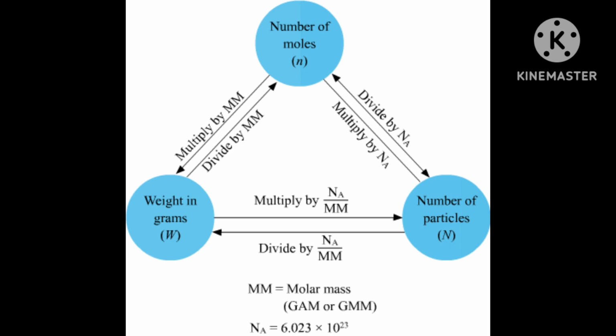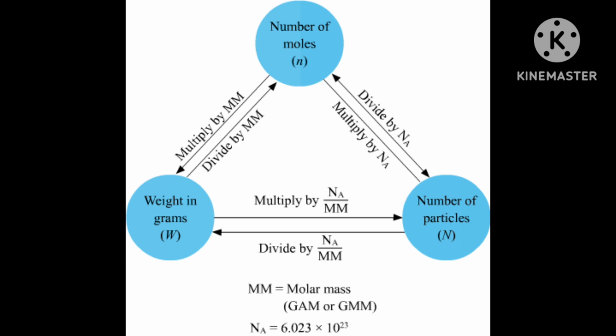That is also called Avogadro number. Correct? When you are talking in case of atomic substances, then Avogadro number you can tell in atoms, 6.02 into 10 to the power 23 atoms. When you are talking in the sense of molecular substances, then Avogadro number you can tell in terms of molecules.